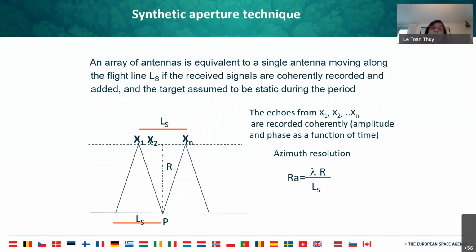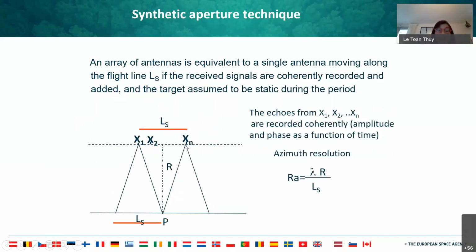And the synthetic aperture technique is to use the displacement of the radar and to simulate an array of antennas, moving along the flight line, this line NS.